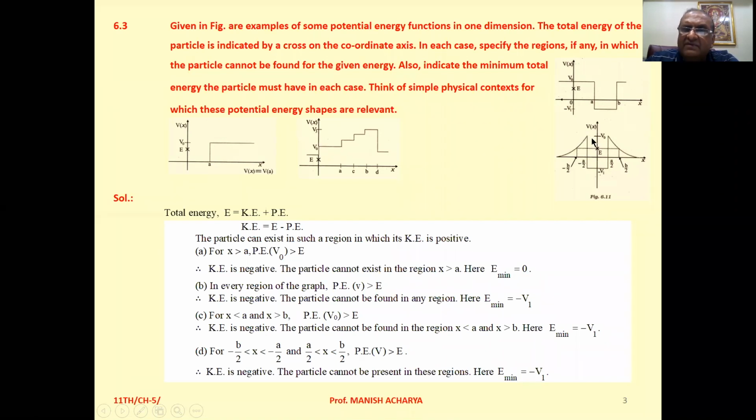So kinetic energy will be negative in this region. It implies that the particle does not exist in this region. Similarly, on the right hand side, plus a by 2 to plus b by 2, the particle can't exist. Clear to all of you? And here also the minimum energy is minus V1.